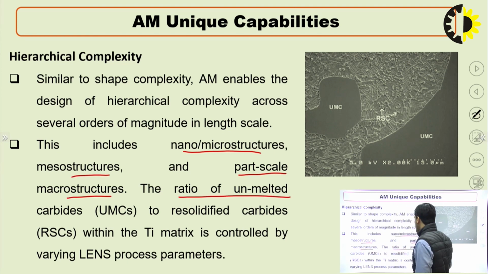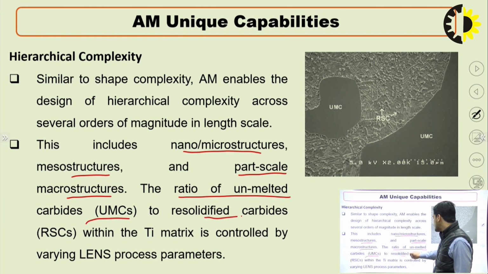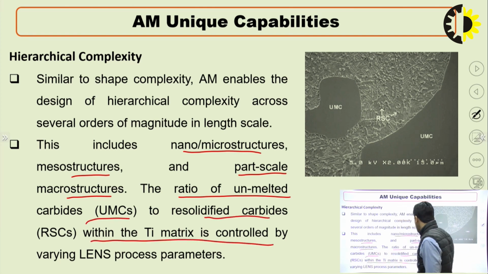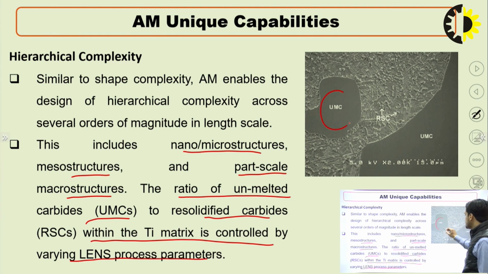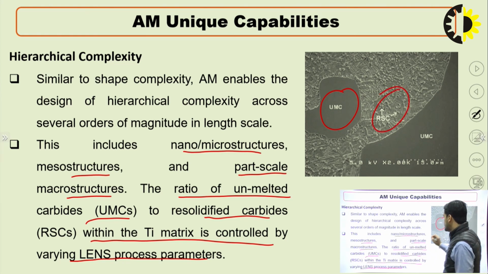The ratio of unmelted carbides to resolidified carbides within the Ti matrix is controlled by using the LENS process parameters. You can see that these are the UMCs, the unmelted carbides, and over here that is the RSC, the resolidified carbides.